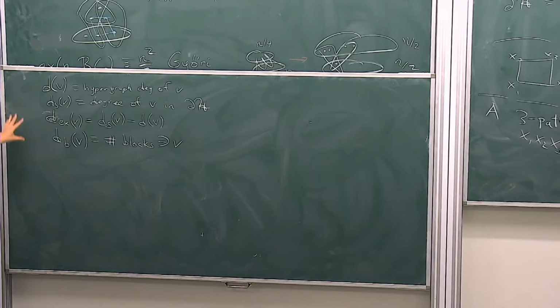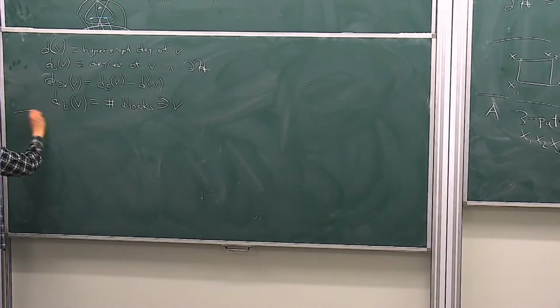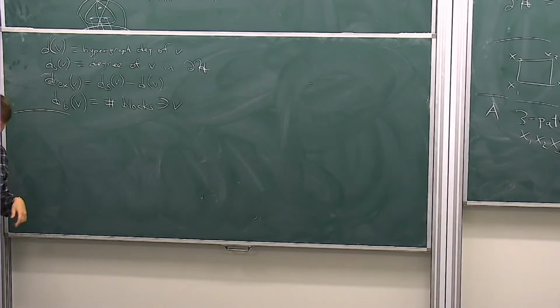It won't be due to the block structure, basically. The idea will be to look at the blocks individually and lower bound d_ex, or the sum of d_ex. When you take a shadow, you make a simple graph, right? Shadow is a simple graph. Yeah.